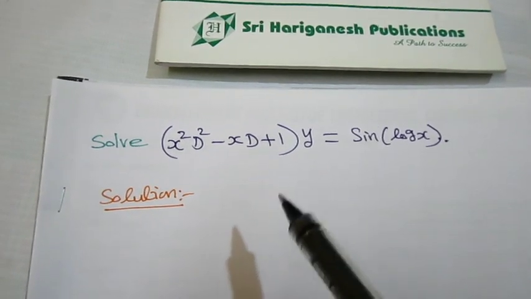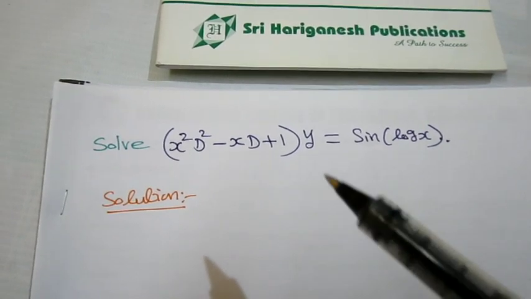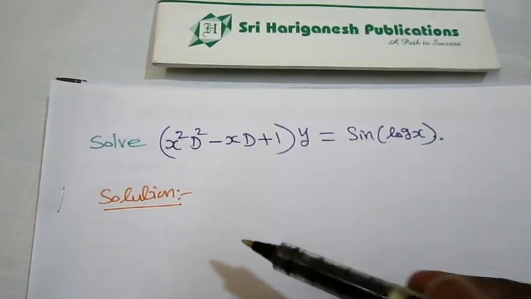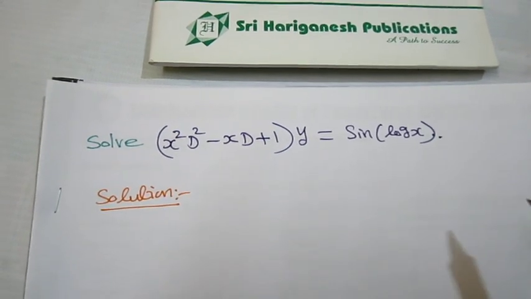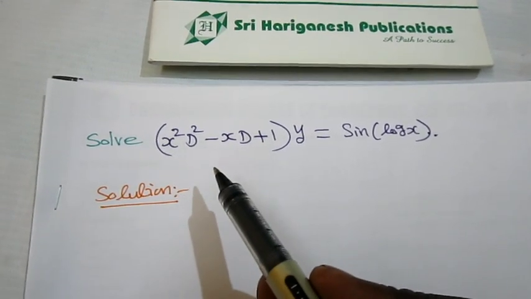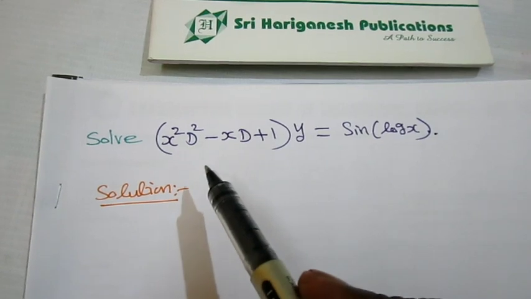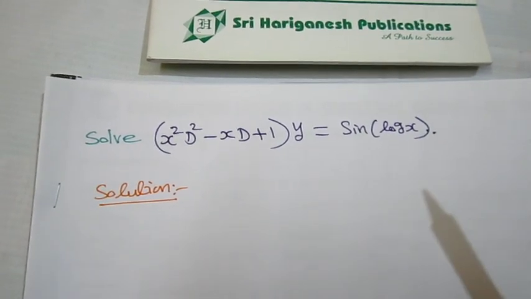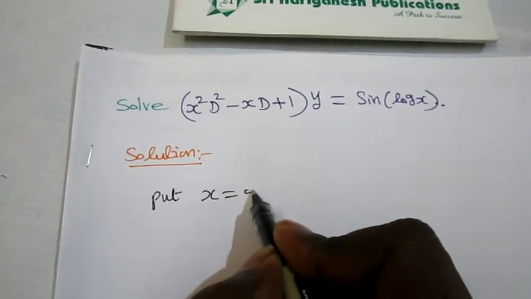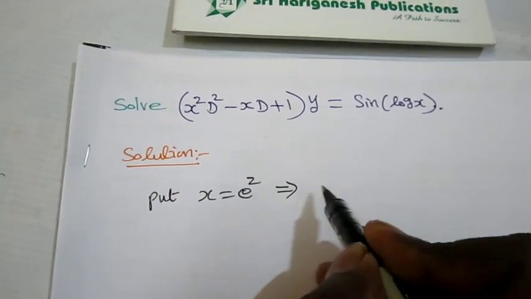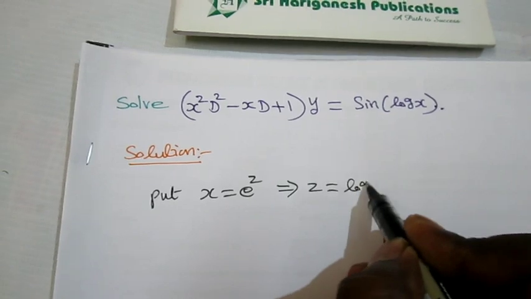So to solve this type of differential equation, first you have to convert this into constant coefficient, then we can solve as usual. So the equation with variable coefficient, we have to convert it into constant coefficient by putting x equal to e^z, which implies z equal to log x.